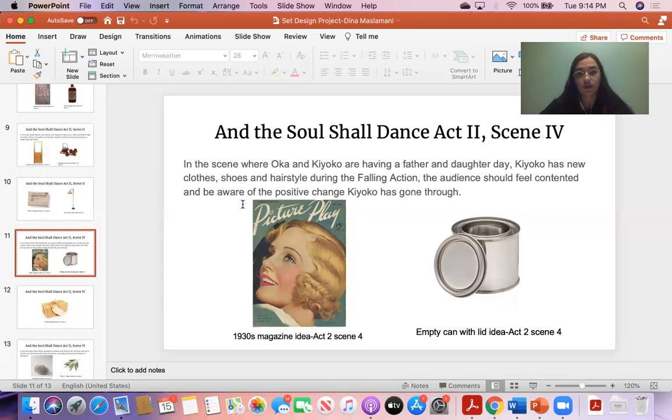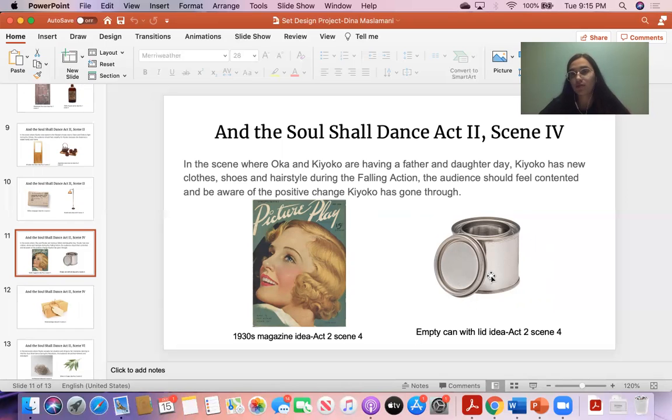So she was reading magazines, and this is a magazine that I assume she would be reading. It's a 1930s example. And later in the scene, Emiko starts arguing with Oka because she didn't find her money. And this is the can where she used to have her money.